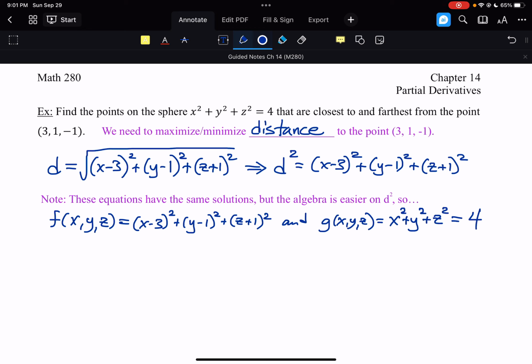Right. So, using the method of Lagrange multipliers, we need fx equals lambda gx, fy equals lambda gy, etc. So for fx, that's going to be 2 times (x minus 3) equals lambda times 2x. For fy, we get 2 times (y minus 1) equals lambda times 2y.